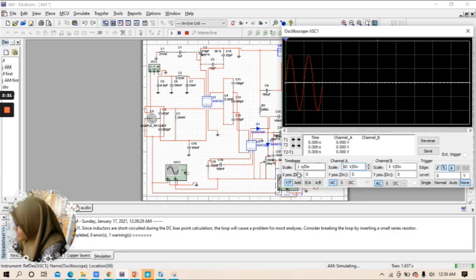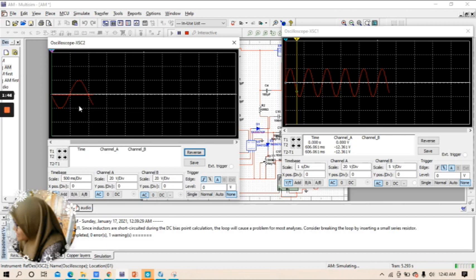This is when we use a time base of 1 second, and here we adjust the channel to make it smaller, and we can see the output here, the reading of this sine wave. So this is for the first oscilloscope.